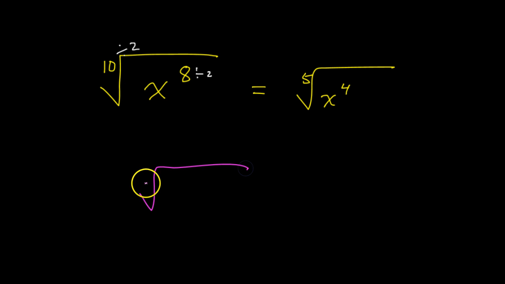All right, say if I had the 6th root of x to the 10th power. Both of these are divisible by 2. And, well, you know what? Let me go ahead and do a 9 just for fun. All right, see if I had the 6th root of x to the 9th power. Both of these are divisible by 3.